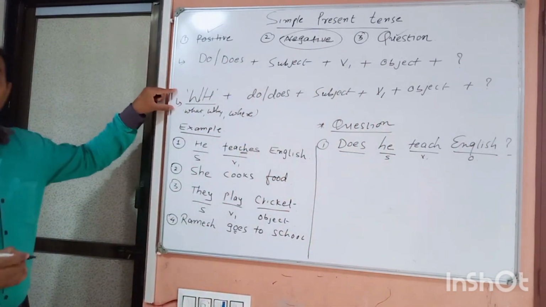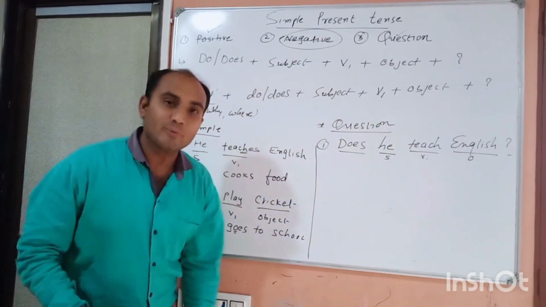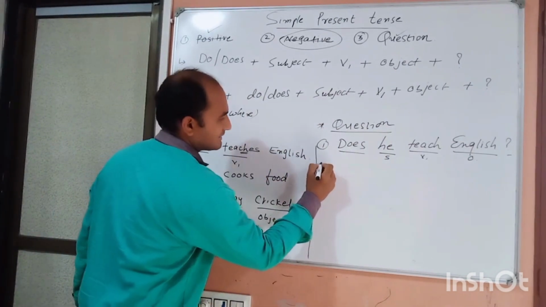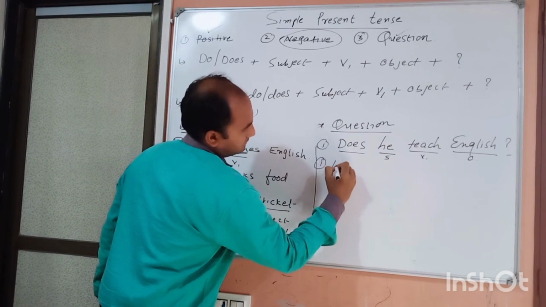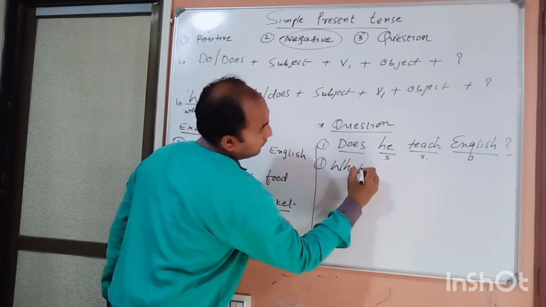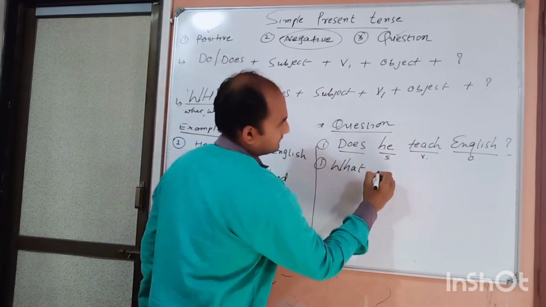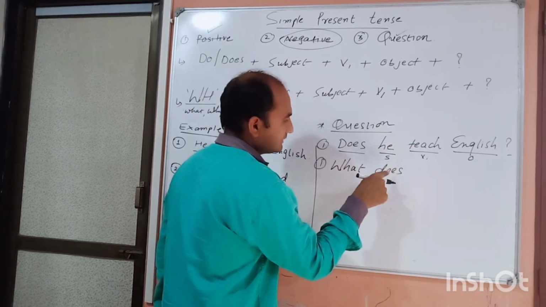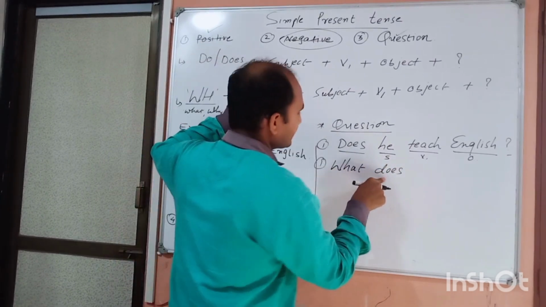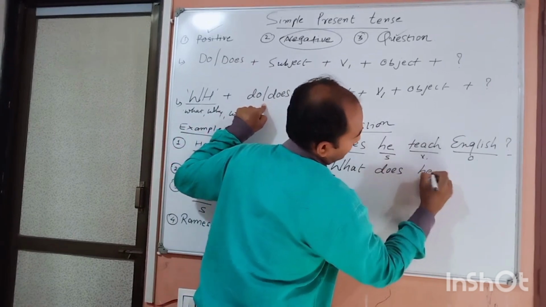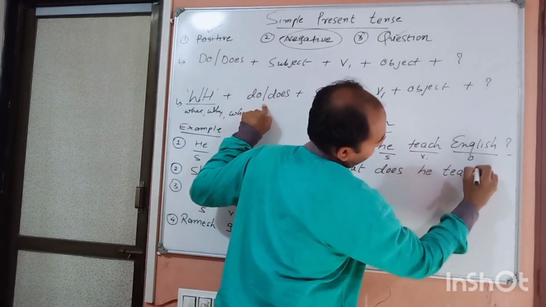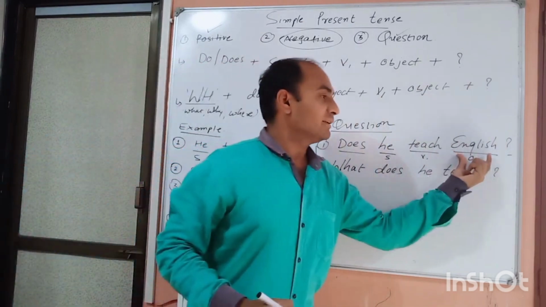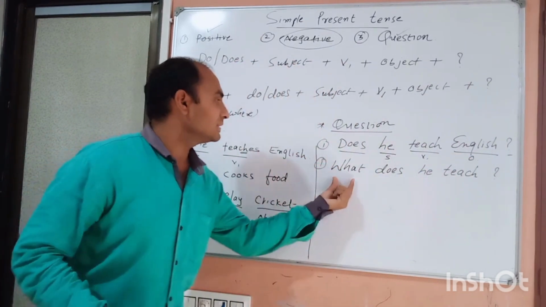Now, with the help of WH, if you want to form the question, we can ask: what, then same structure, what does he teach? Question mark. We will not write English because we are asking with WH.